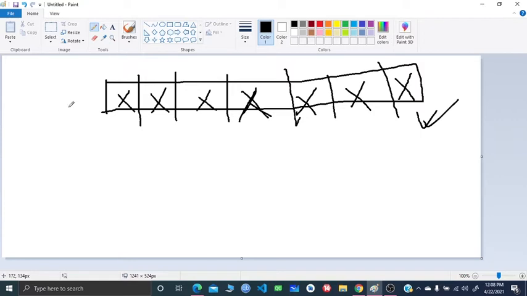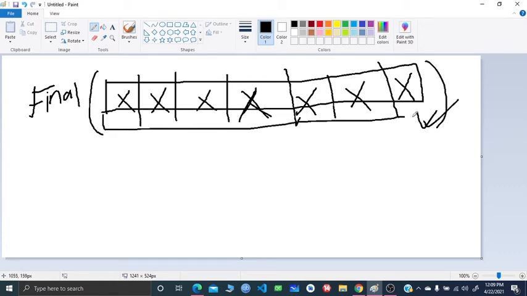Let's assume that somehow we have made the whole array, allowing those adjacent operations. We have somehow made a final array. I don't know how I did that, but somehow there's an operation.